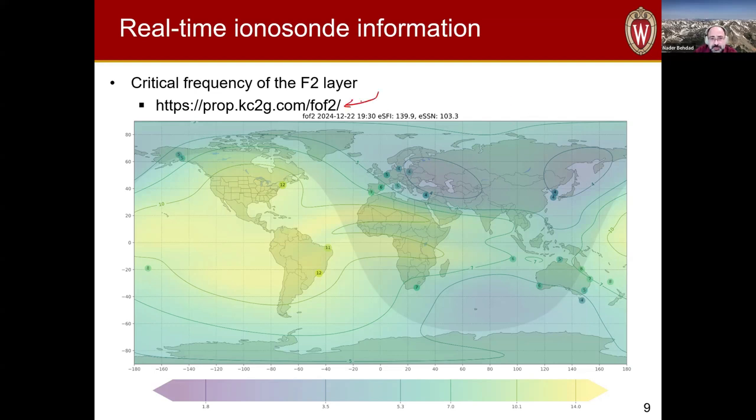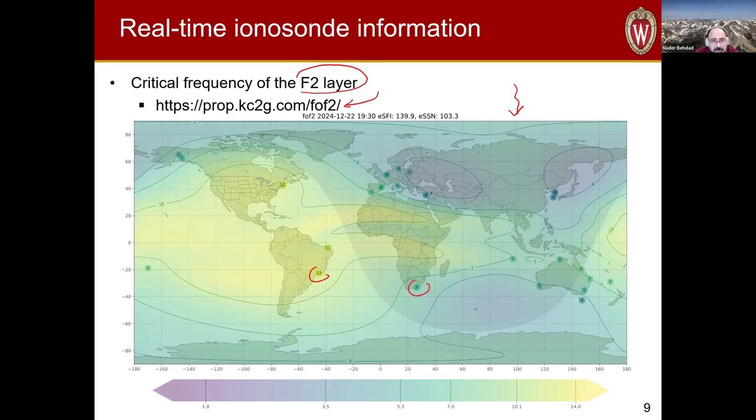For example, you can go to this website here and plot a map of the planet Earth, and then plot the plasma frequency of different layers. And so here what we're looking at is the plasma frequency of the F2 layer of the ionosphere. The F layers of the ionosphere are particularly important for operations at a high frequency band. And so what you're looking at here is, you see some contours and some numbers here, right?